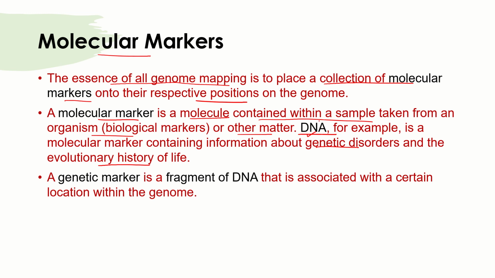So DNA is basically giving you the information. This is a molecule that you are using for explaining genetic disorders, evolution, parentage, paternity, etc. So it means DNA is serving as a molecular marker for that individual.